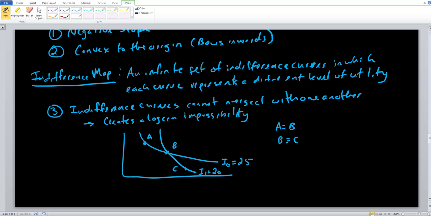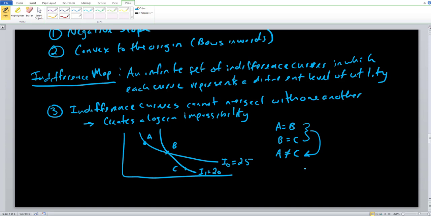However, the transitivity property should be holding, but it does not. So A does not equal C. Bundle A gives us a utility level of 25, but bundle C gives us a utility level equal to 20. So the transitivity property is completely destroyed, and therefore this is the main reason why these indifference curves cannot intersect with one another.